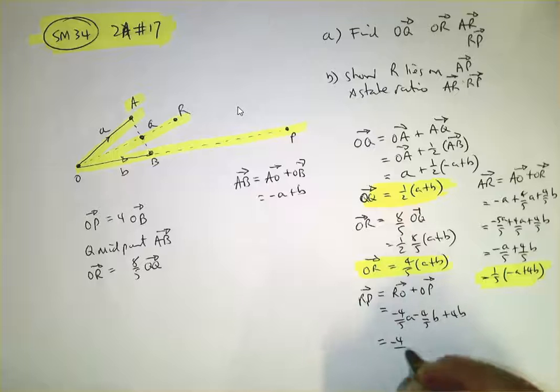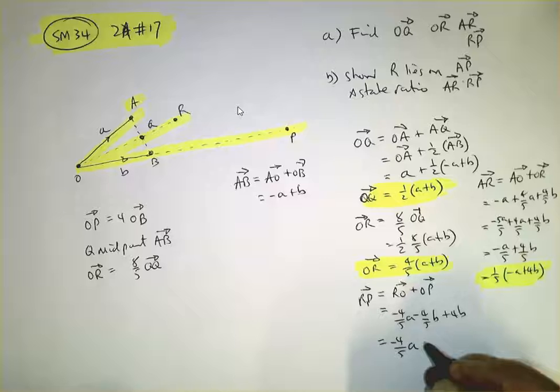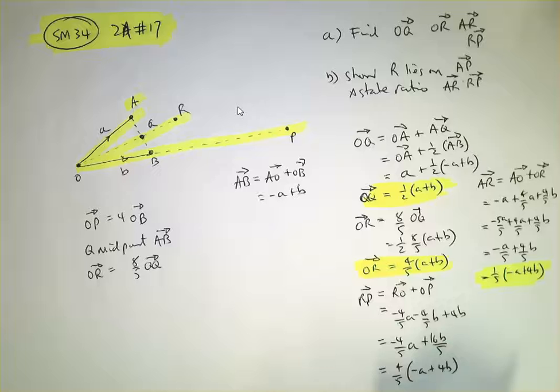So minus 4/5 A, that's 20, so plus 16B on 5, which is 4/5 of minus A plus 4B. And that's R to P.